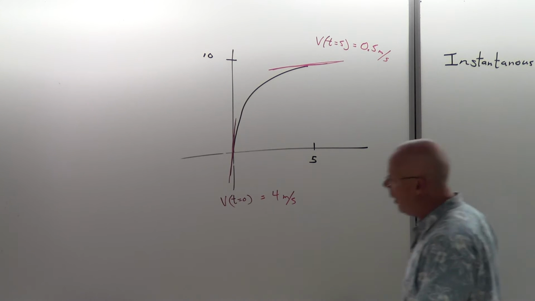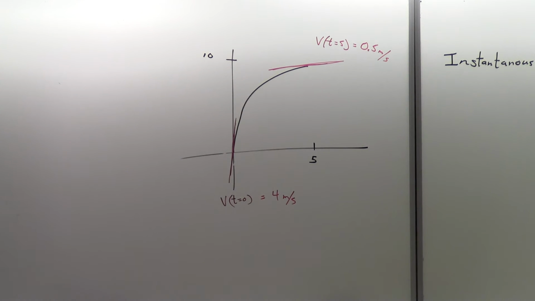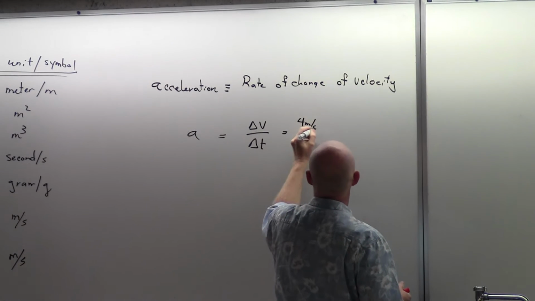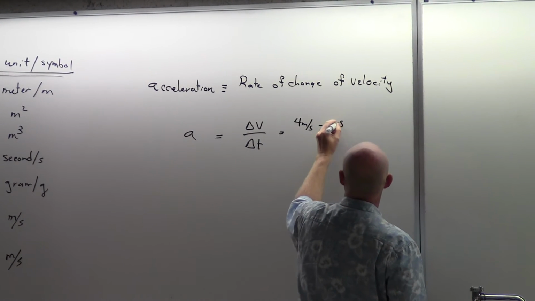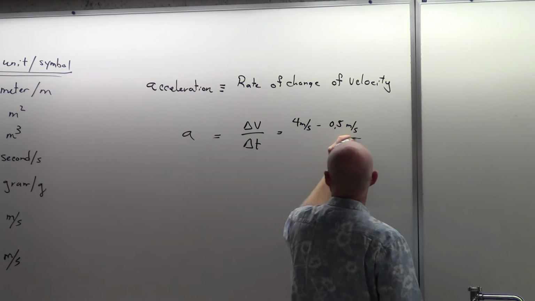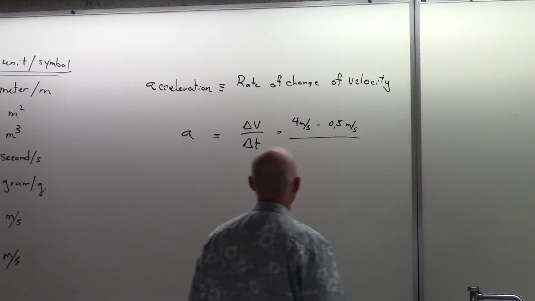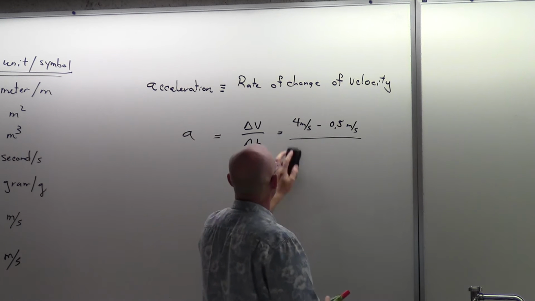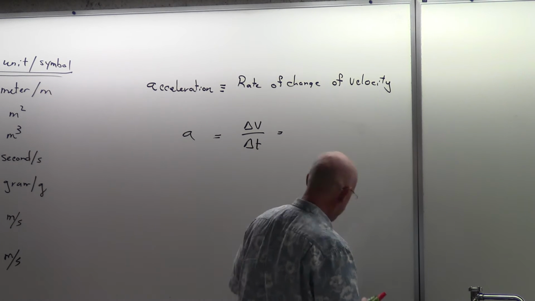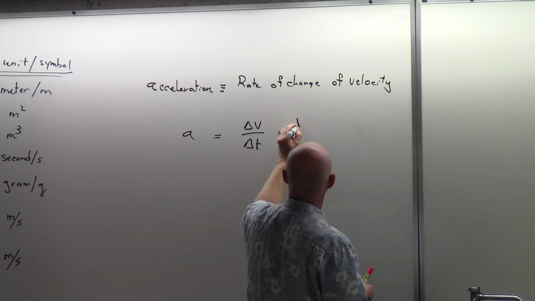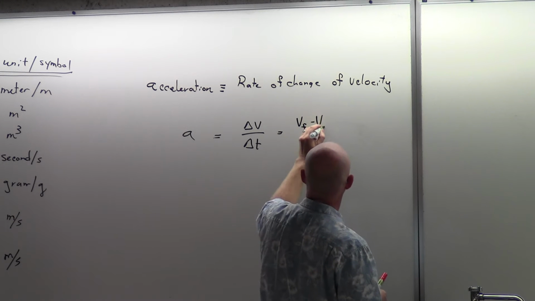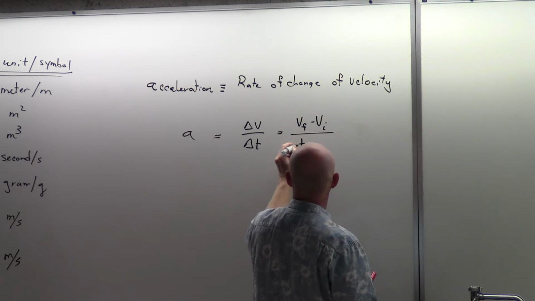Well, looking at those numbers, I would say, all right, I've got 4 meters per second, and I've slowed down to a half meter per second. Oh, hang on. Maybe I better be careful with my sign here at the beginning. Let's do this.